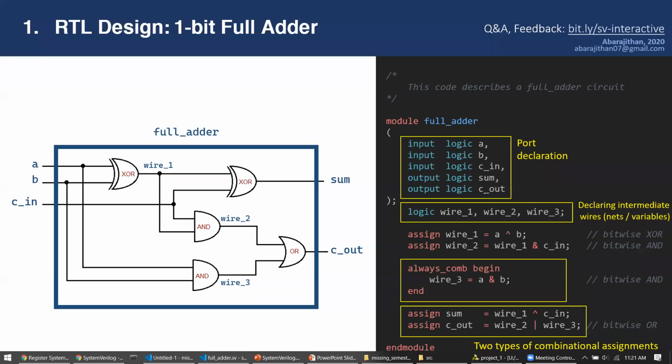There are wire types and var types, then 4-bit types, 2-bit types, and many things I'll talk about later. If you want, you can check the slides. If you go down, you can see there's a slide called data types. Over there, I have mentioned those.